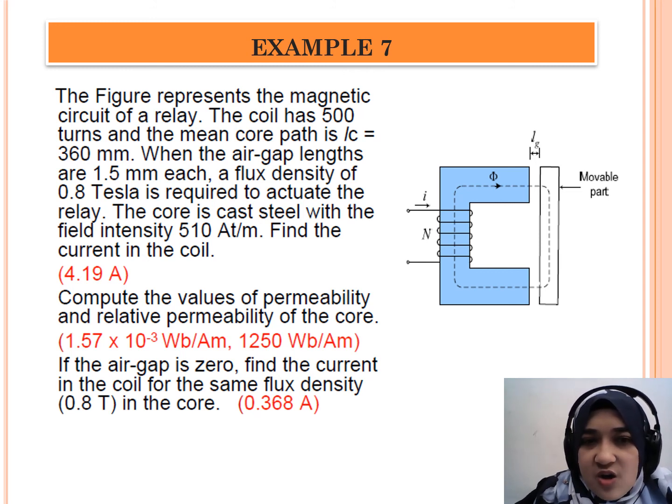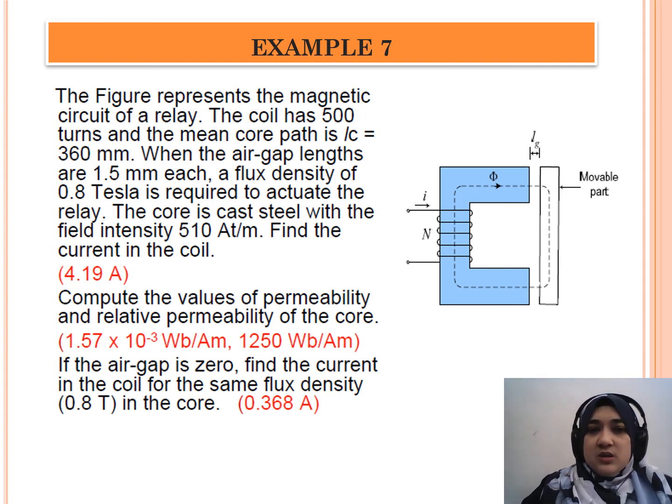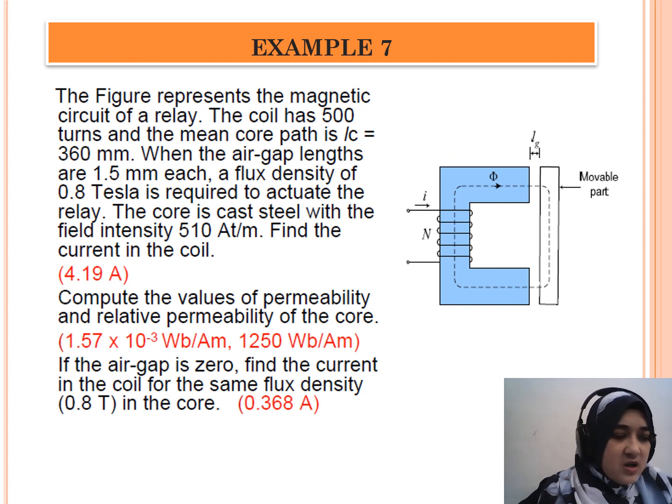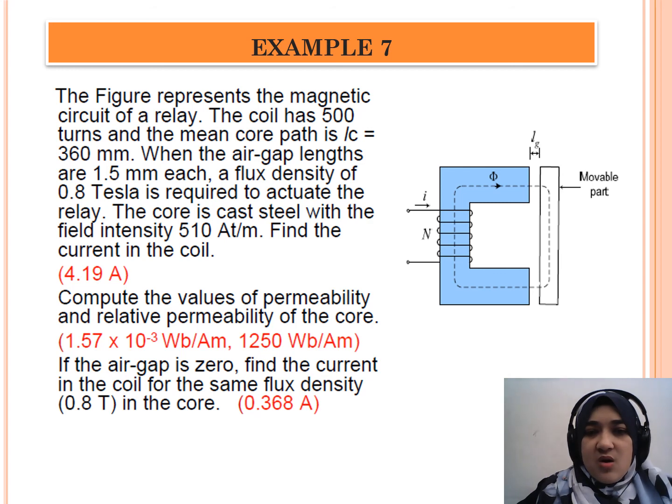A flux density of 0.8 Tesla is required to actuate the relay. The core is cast steel with a field intensity of 510 ampere turns per meter. Find the current in the coil. So how much current is needed to activate the relay? So here is the answer, 4.19. And the permeability of the core, and if the air gap is 0, count. Okay, this one you can try.